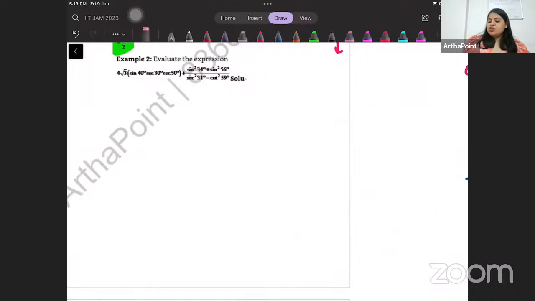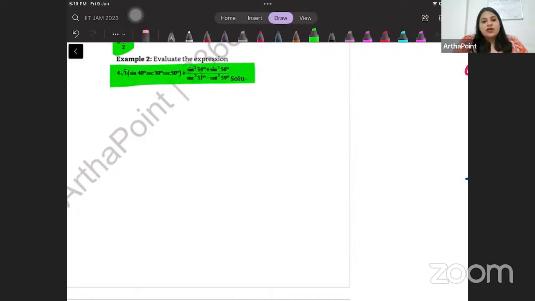I am leaving it to you. These are just using those same identities. So this is what you need to evaluate: 4 root 3 sine 40 sec 30 sec 50 sine square 34 plus sine square 56. See here, beta, sine square 34 plus sine square 56.